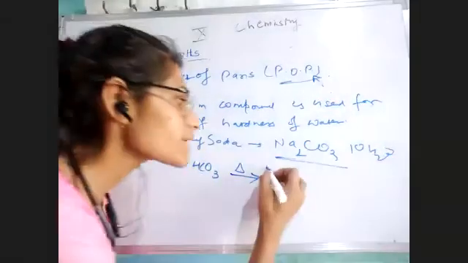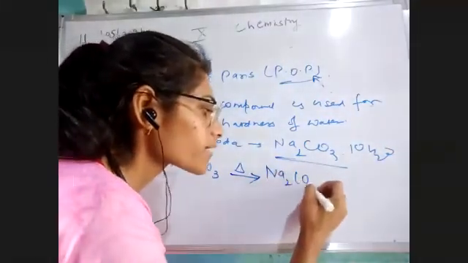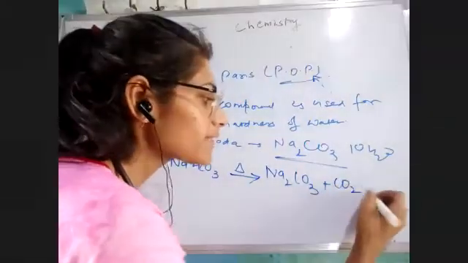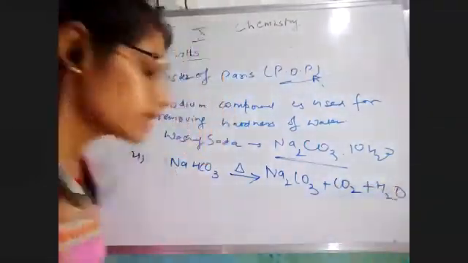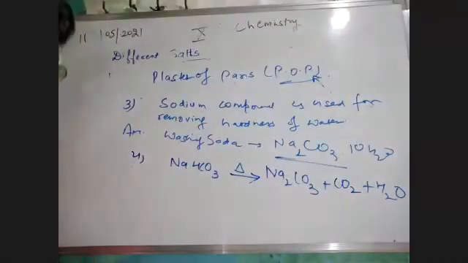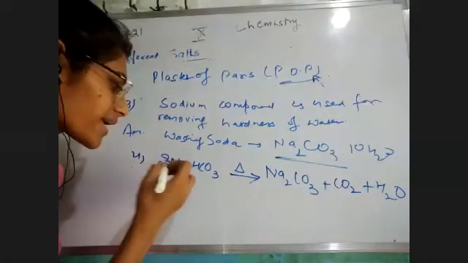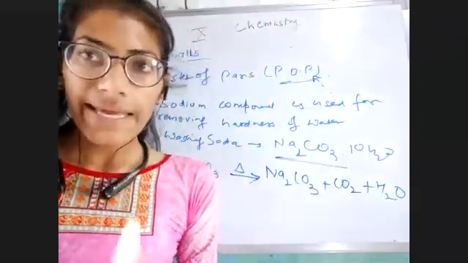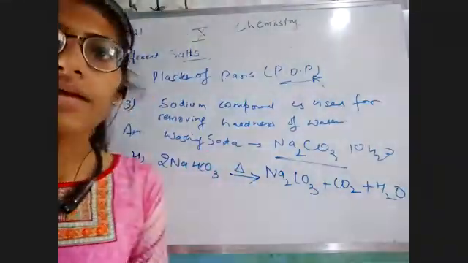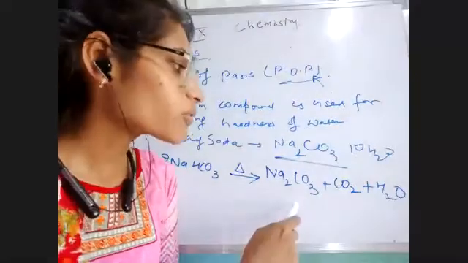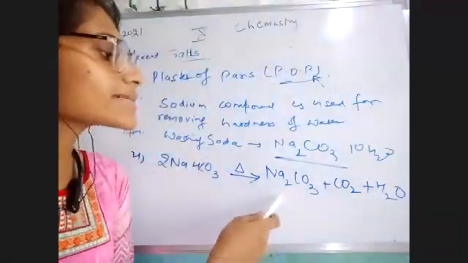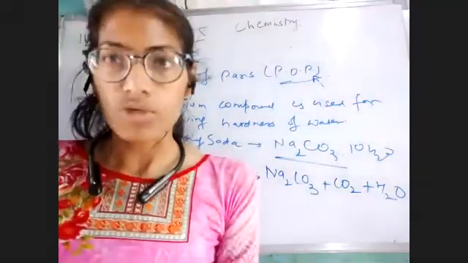It would make sodium carbonate, plus some carbon dioxide would be released, plus some water would be released. Please make sure that it is not a balanced reaction, so make sure you balance it. This sodium carbonate is used for making our washing soda.